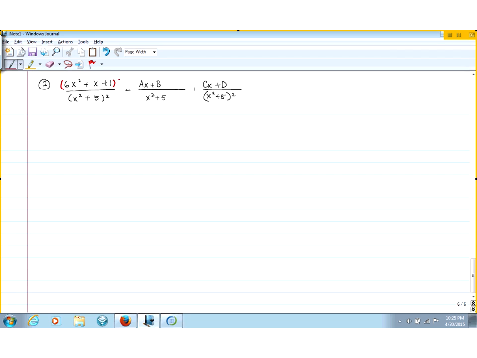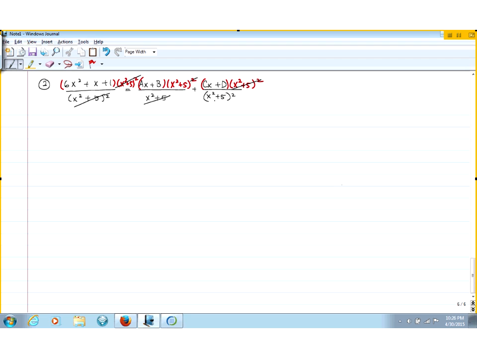Now, get rid of the common denominator. So multiply both sides by x squared plus 5 squared. Put parentheses, x squared plus 5 squared. Now cancel like terms. So this cancels everything. Here I only have x squared plus 5, so only the square cancels.